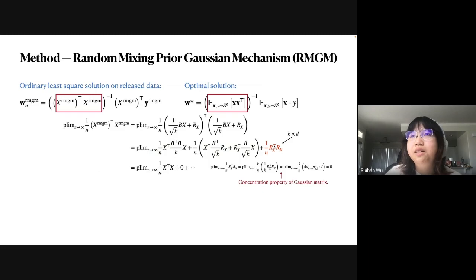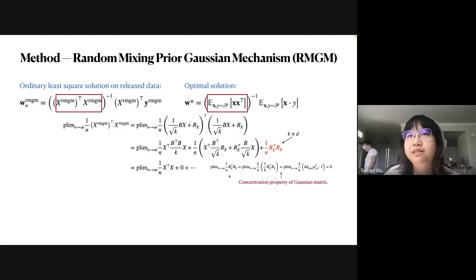Then the scaling of Rx transpose Rx should be something related to K. If K is smaller than the order of n, then this term will converge to 0.